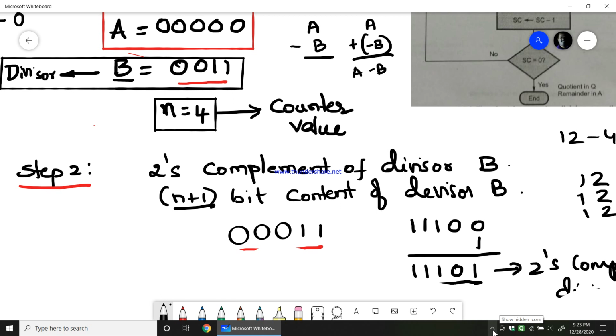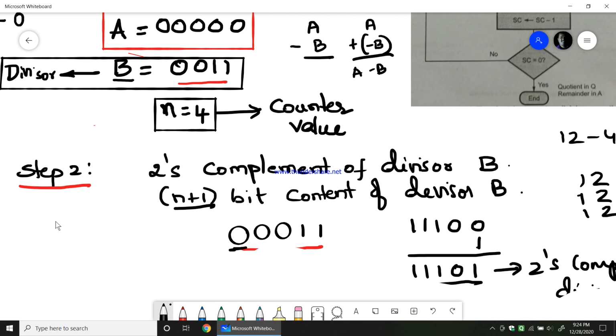Before doing the 2's complement of the divisor, I am going to convert the divisor to 5-bit length. For that, I will append 0 in the beginning.